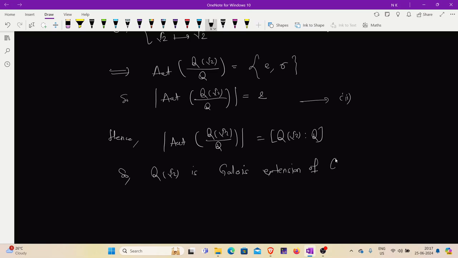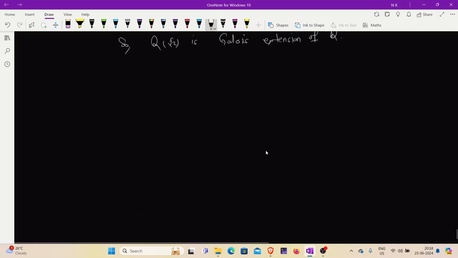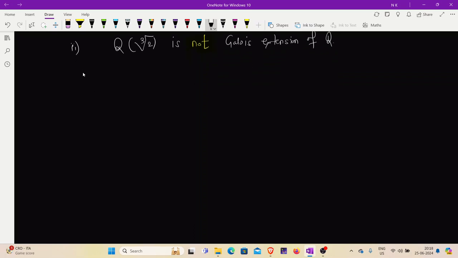Now we will see one more example, which is not a Galois extension. So let me write a second example. Q(cube root of 2) is not a Galois extension of Q. Now why is this so? The explanation is quite simple.